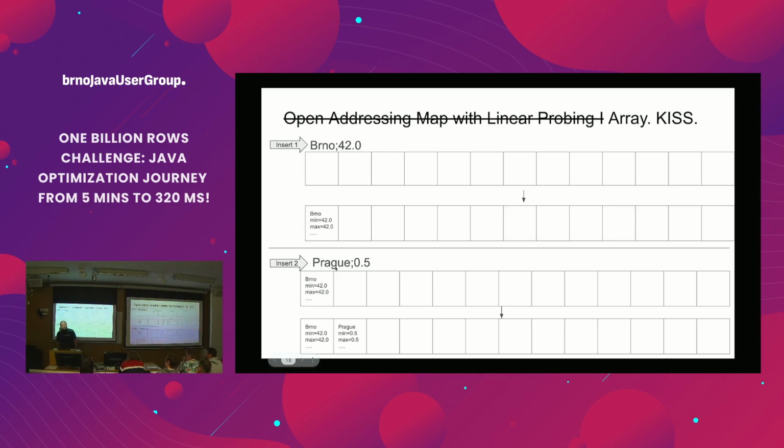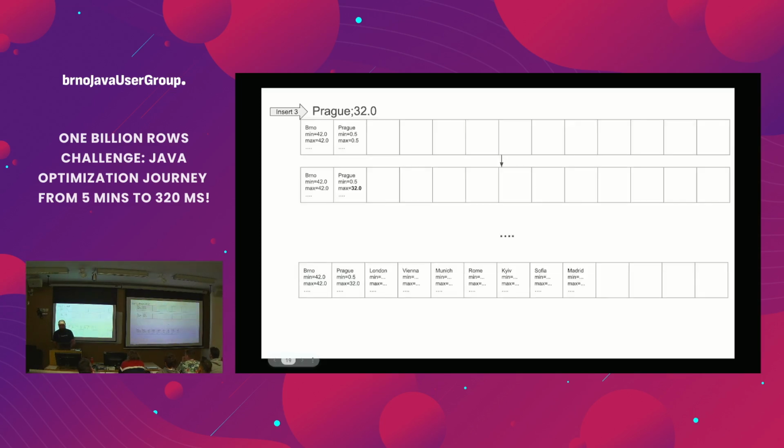Is it the same? No. If it is not, then move to the next element. So we move to this element of the array. Is it empty? Yes, it is. Then insert it. So after the second insertion, the array looks like this. And then I do a whole bunch of insertions, easy, and the array starts to fill up.